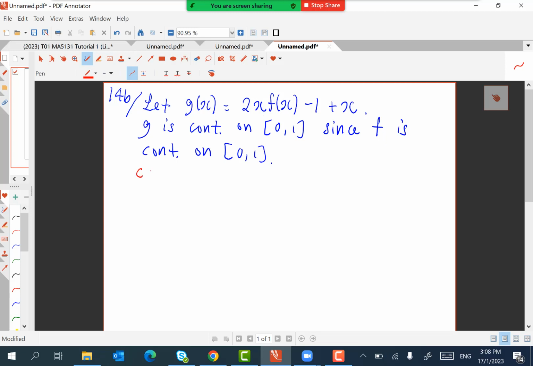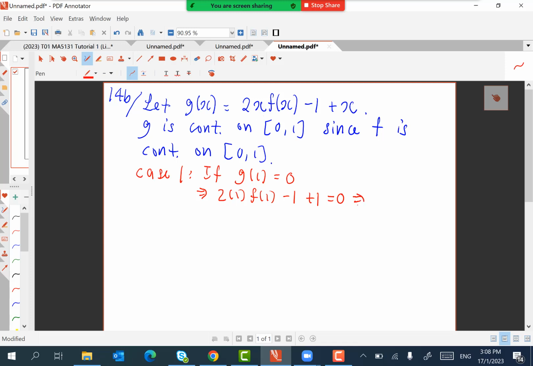So for this question, let's consider the first case. Case 1: if g(1) is equal to 0. If g(1) is equal to 0, then what we have here is 2 times 1 times f(1) minus 1 plus 1 is equal to 0.